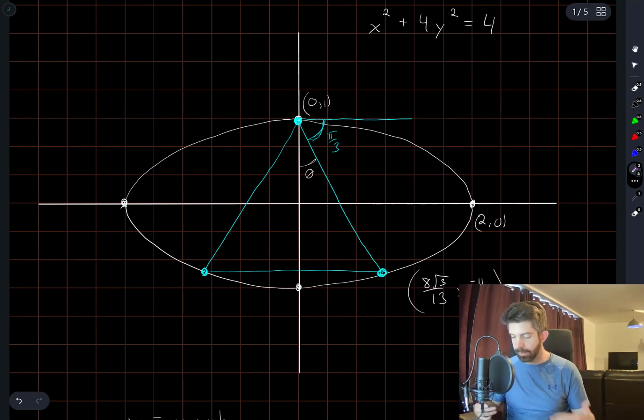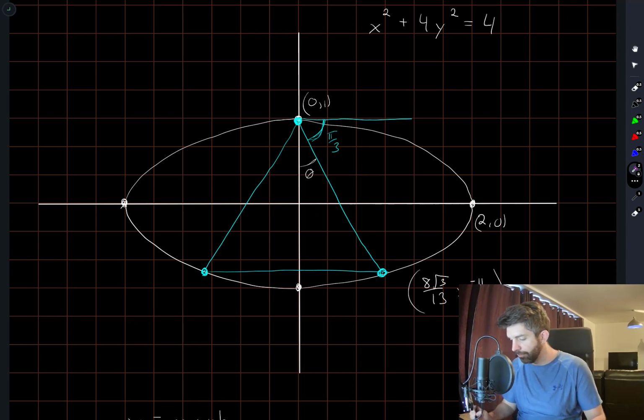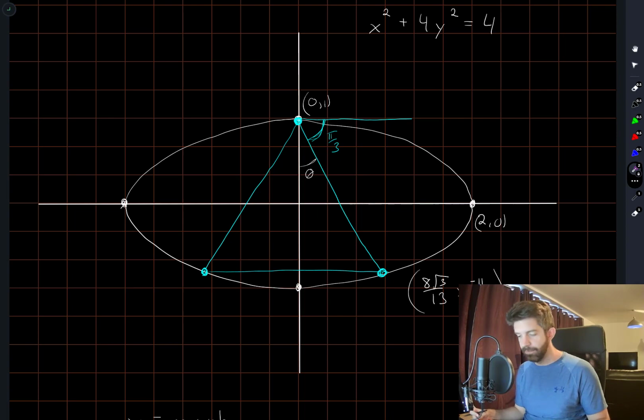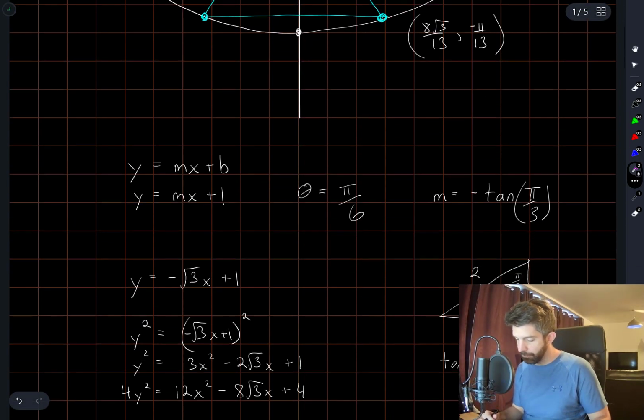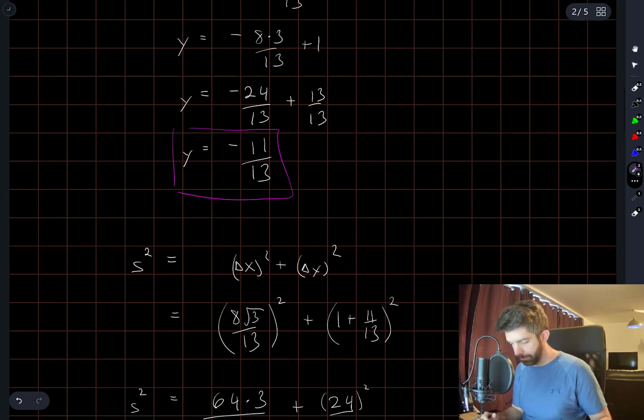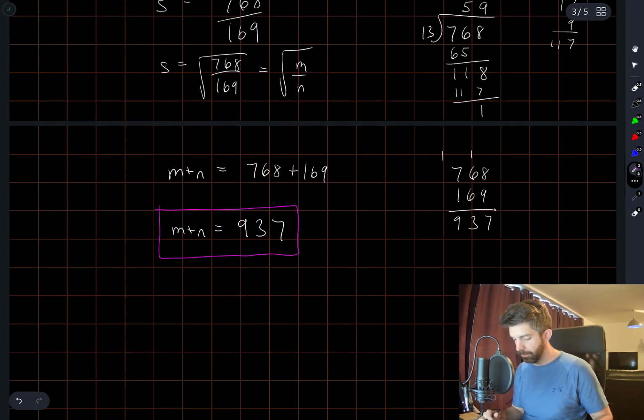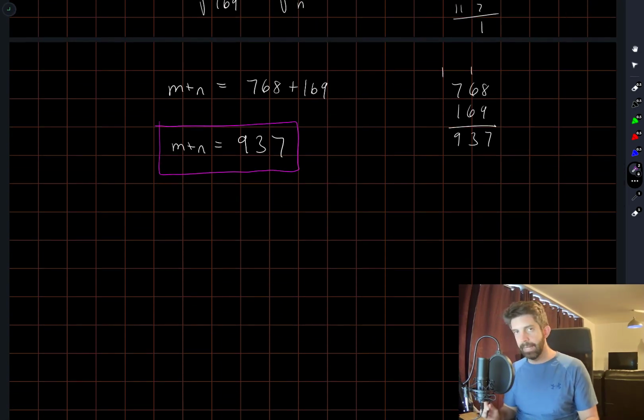Sketching the figure is one thing, but then recognizing that we can just put an equation for this line down, find the point of intersection, and then compute directly the distance. Maybe there's a cleaner, more elegant way of doing this, but that's the first thing that came to my mind. Fairly confident in this, except for the possibility of mistakes in the arithmetic.